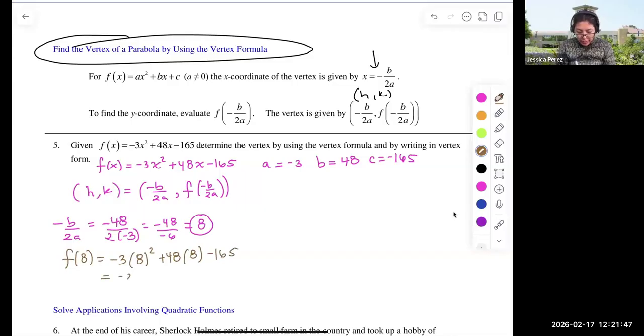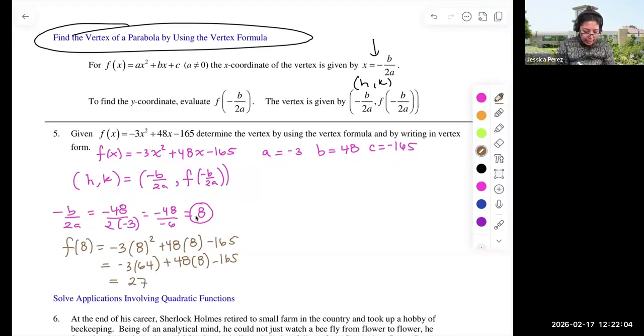You will have a calculator in front of you, so please use that handy to identify the value of K. So let's punch this on the calculator and identify that value. And that value will be 27. And that's K. So my vertex is the point 8 comma 27.